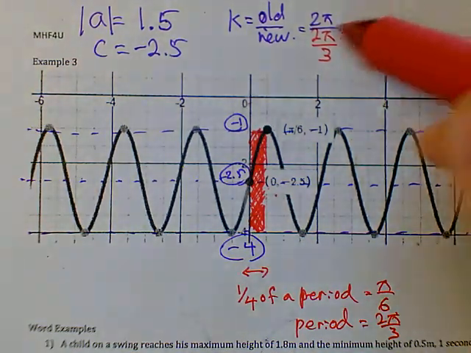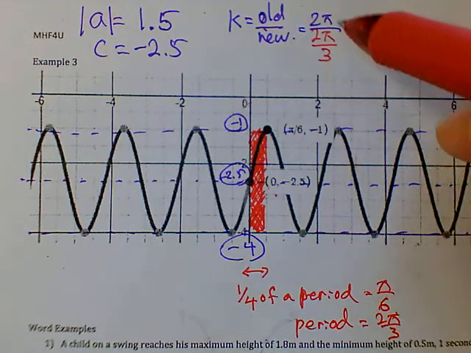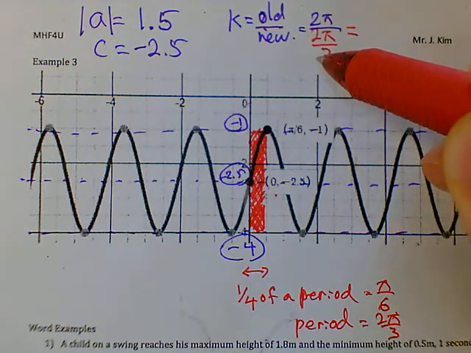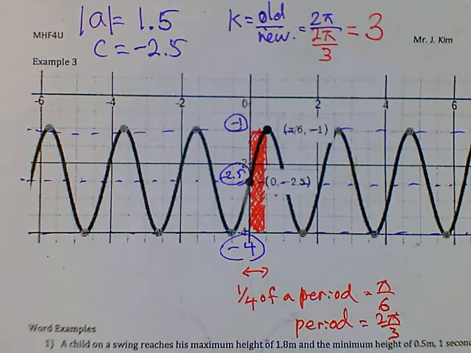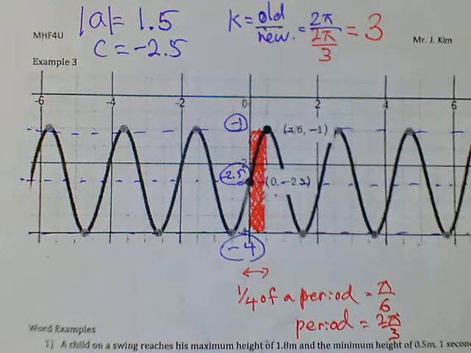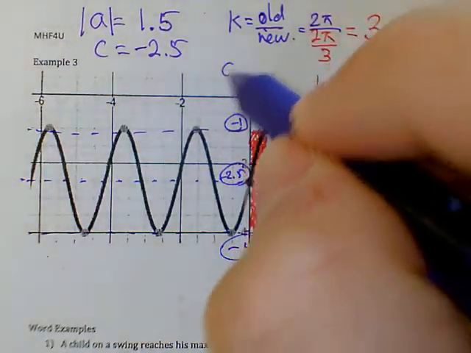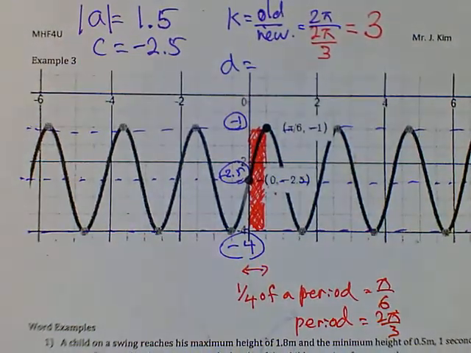If you divide 2 pi by a fraction, it's like multiplying 2 pi with the reciprocal. The k value is going to be 3. Lastly, the d value depends. Where do you want to start the curve?